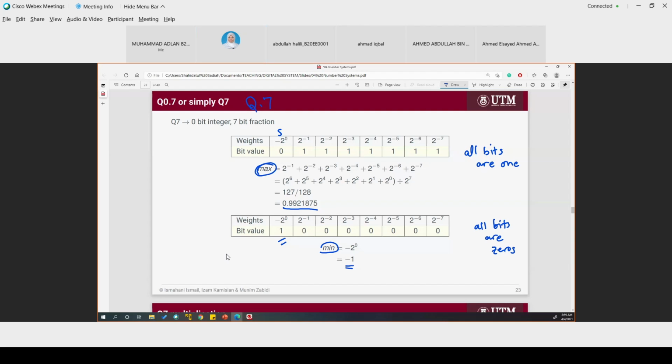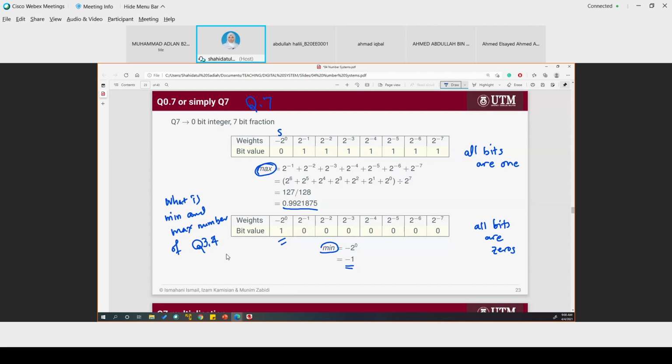Okay, so later you will find questions like this. What is the minimum and maximum number of Q3.4? So what is the minimum number and maximum number of Q3.4?